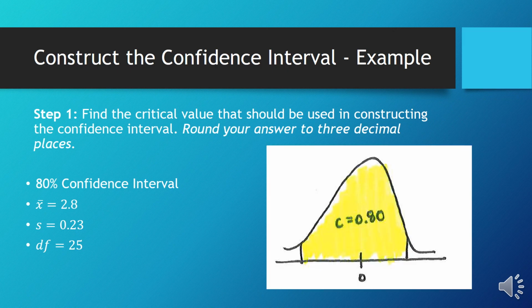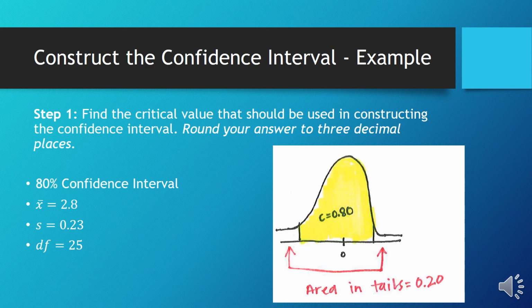Now here's our 80% confidence interval. Again, this looks very similar to those normal distribution problems that we did earlier in this video. So the area in the middle of the curve is our confidence level, 80%, so C equals 0.80. That tells us that the area in the two tails is 0.20 because all of the area under the curve has to add to 1.